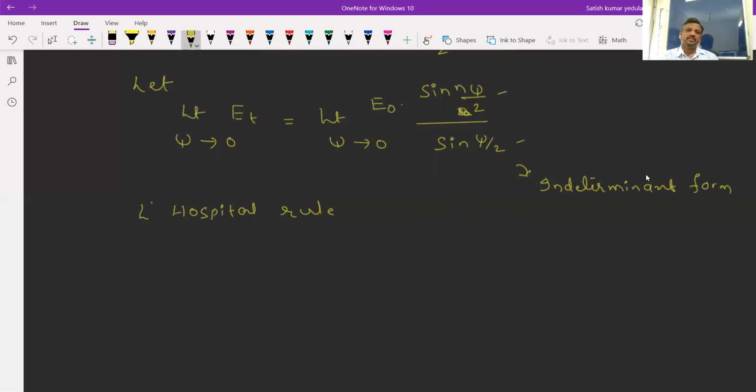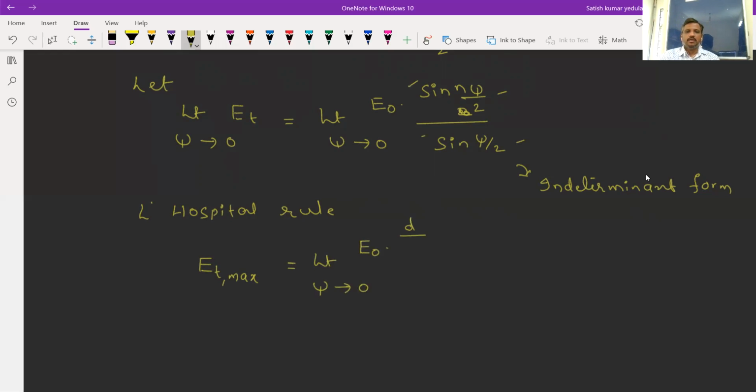You have to differentiate the numerator with respect to ψ as well as the denominator with respect to ψ, and this will become the limit ψ tending to 0, where Et will be called Et maximum. You will get the maximum value of that particular Et. The limit ψ tending to 0 will be there as it is, E0 will be there as it is.